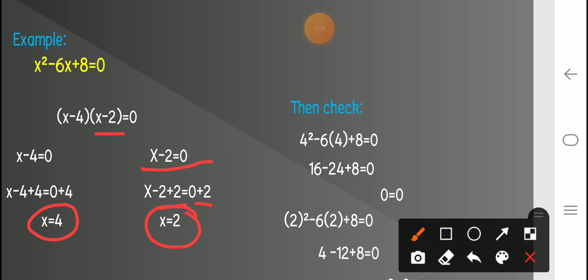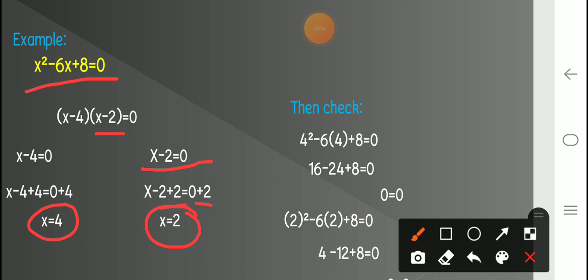To check if these are the right answers, we're going to use substitution. Our original given is x squared minus 6x plus 8 is equal to 0.